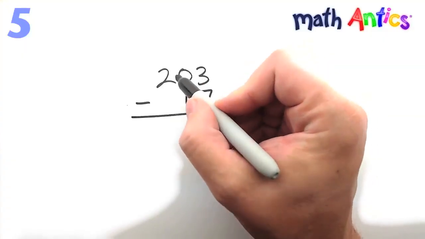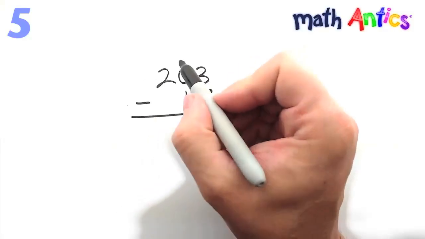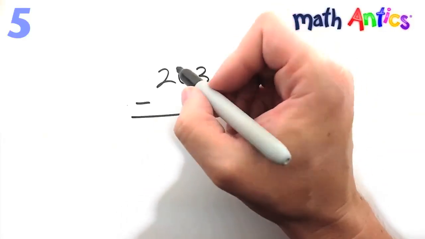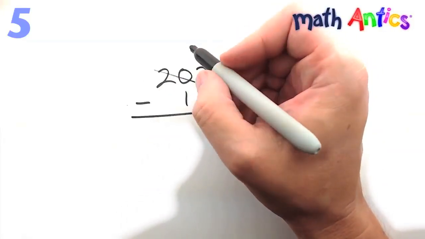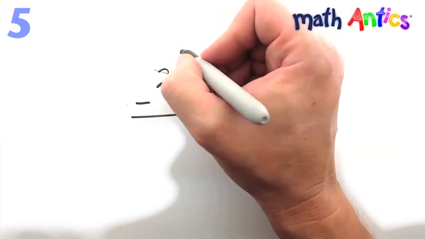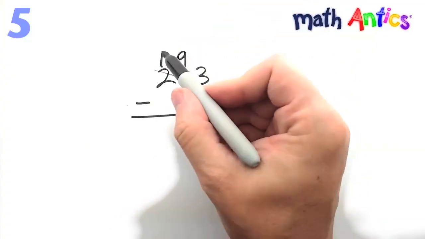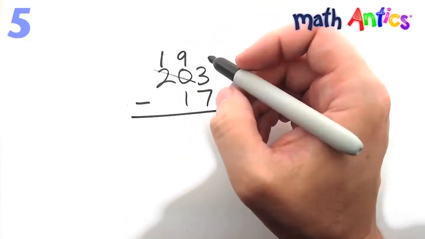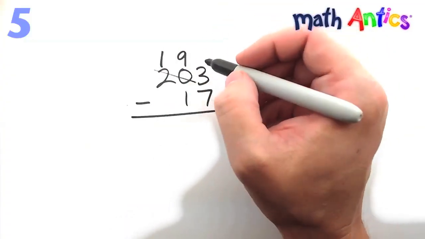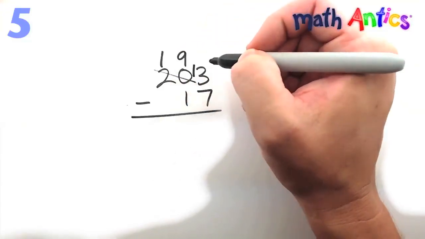So instead of borrowing just from this one digit here, we're going to borrow from both of these digits, which is 20. So we cross out the 20, and then we subtract 1 from it, so that leaves us with 19. So we need to put the 19 and line it up with the columns that we have there, so we don't get confused. So then the 1 that we borrowed, we put right in front of this 3.